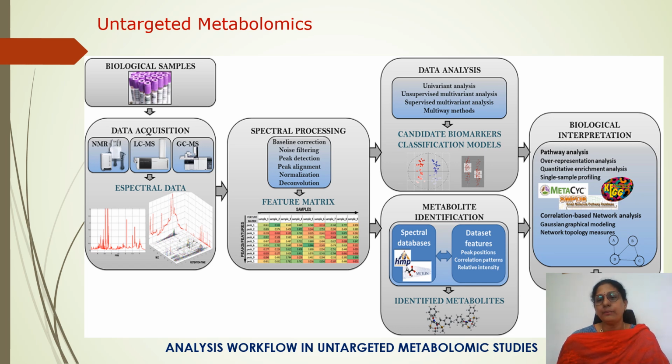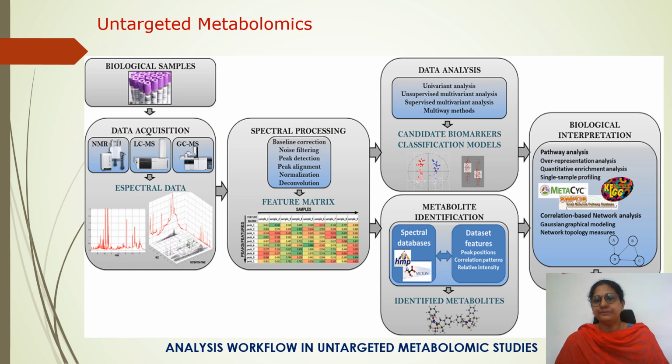Here we need to adopt this. So biomarkers can be identified. You can see some dots here, the identification picture will come like this, and metabolite identification happens parallelly, simultaneously. So from the spectral database, dataset features and identified metabolite structures can be generated from this.